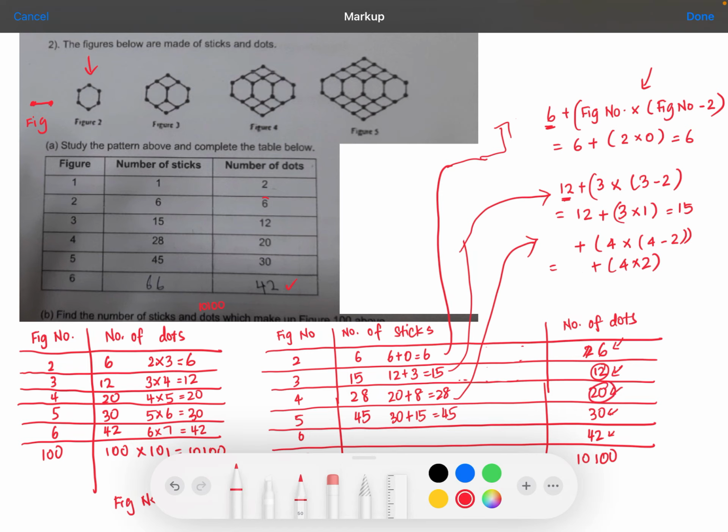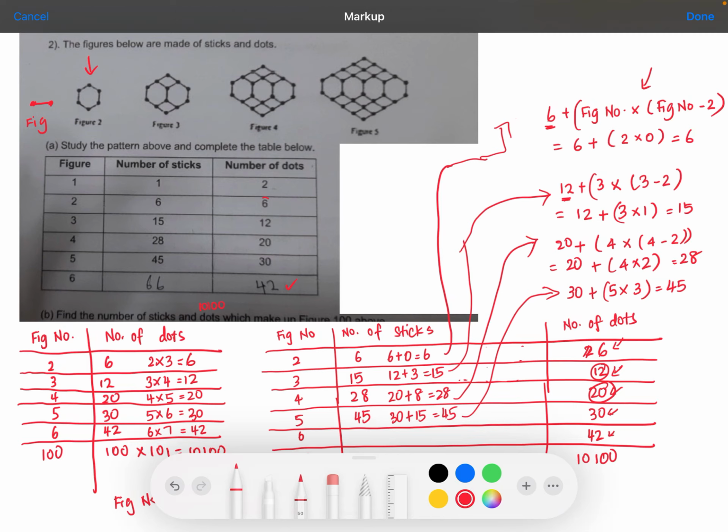Because I get 20 from the number of dots. So I will get 28. So it's also correct. So I'm going to go to my next one. So my number of dots is 30. 30 plus figure number. Figure number is 5 times 5 minus 2. 5 minus 2 will be 3. So I will get 45.